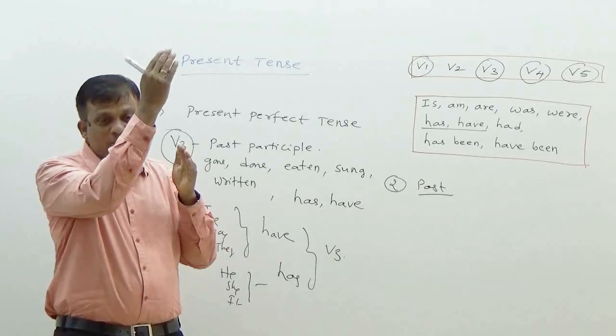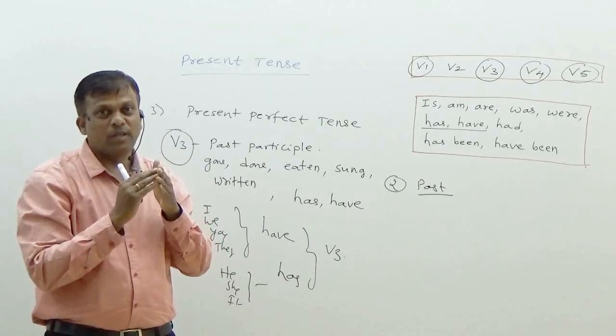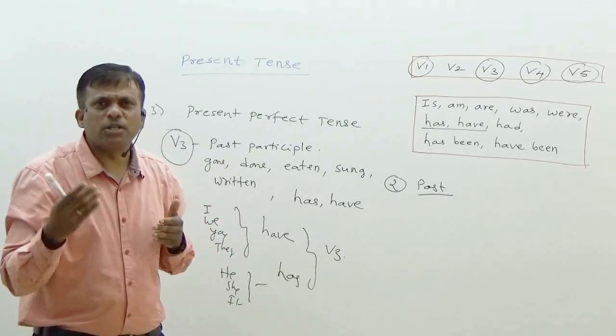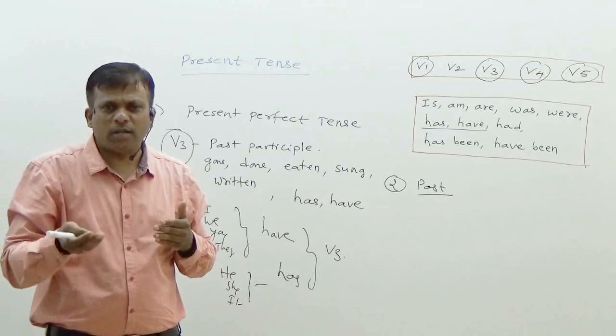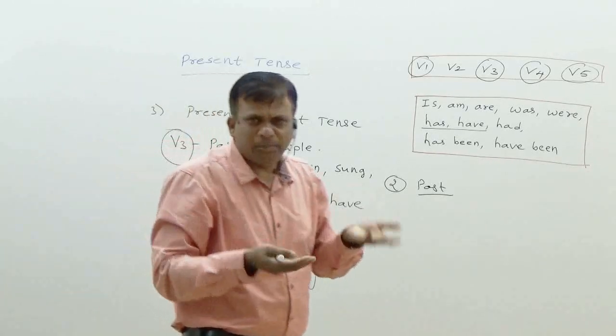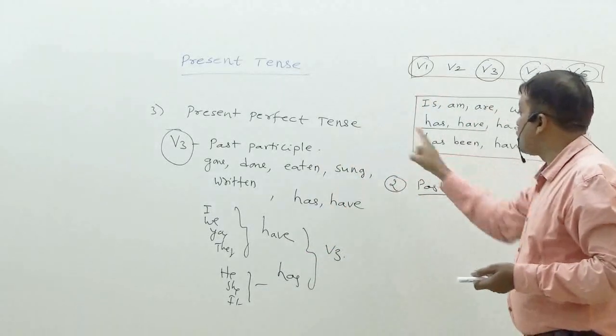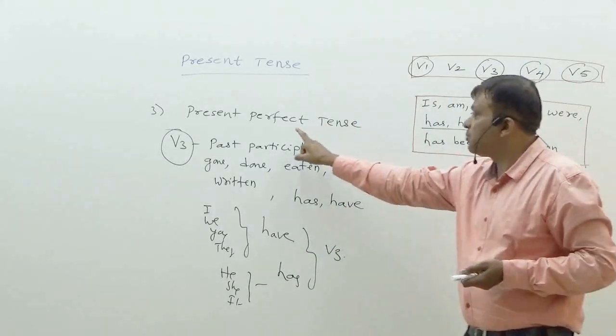The effect of that action is still felt today. You might have done some action last month, last year, yesterday, day before yesterday, last week, or any time in the past, but you still remember till today. Then also you will use present perfect tense.